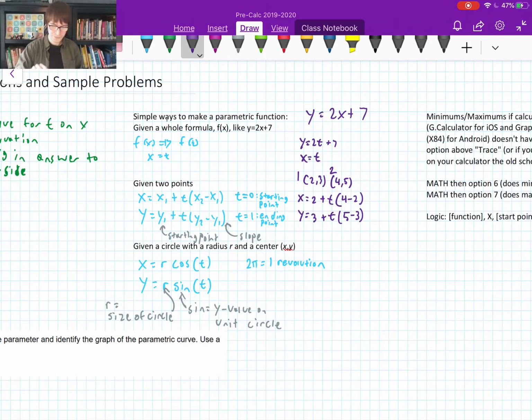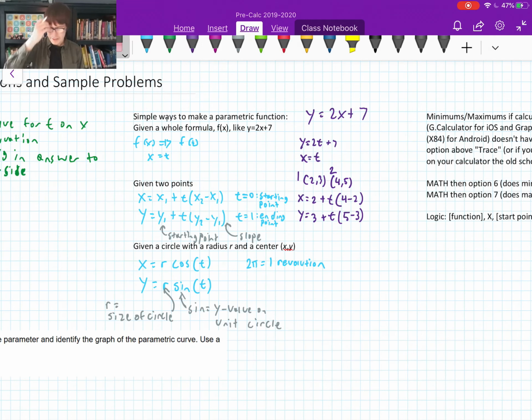So when you graph this, if you had (2, 3) and (4, 5) as your 2 points, then your equation would be x equals 2 plus t times (4 minus 2), and y equals 3 plus t times (5 minus 3). This parametric equation would look exactly like the line that goes between these 2 points. That's what I'm trying to say here.